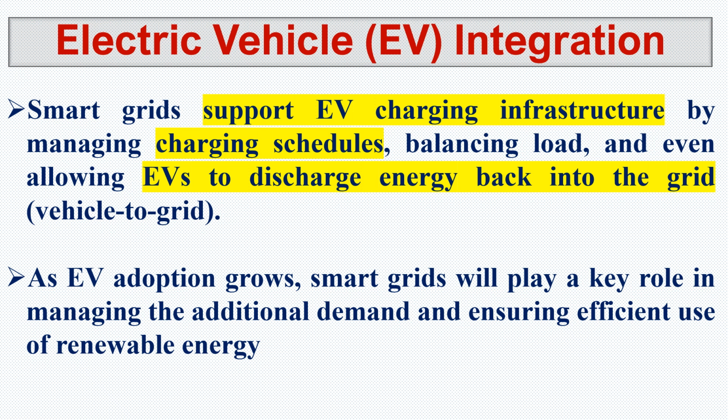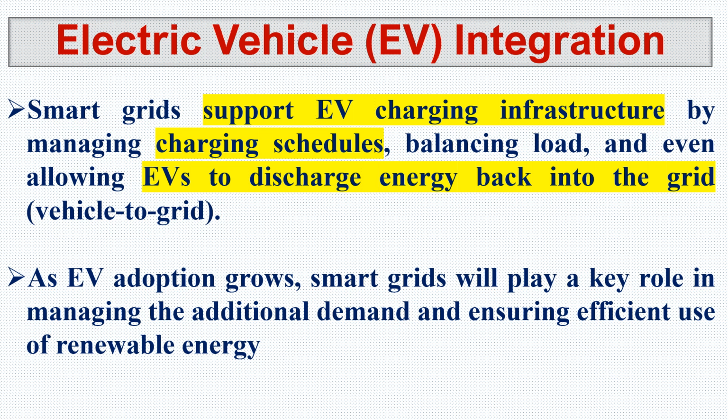Smart grids provide the opportunity to add EV charging stations, and they provide the schedules of charging, balancing load, and sometimes can export electricity to the grid from the EV charging station. Whenever the grid needs energy, we can send it back to the grid through the EV charging. Electric vehicles can discharge energy to the grid.